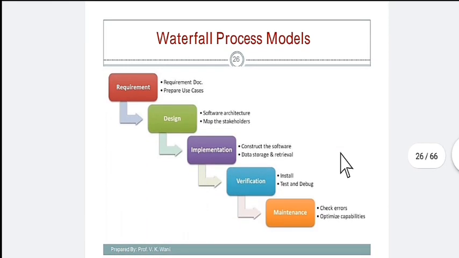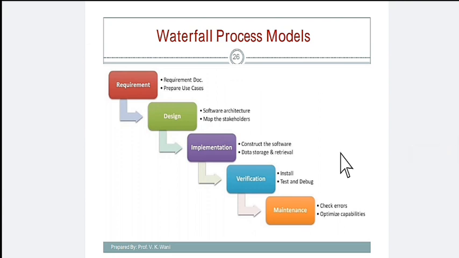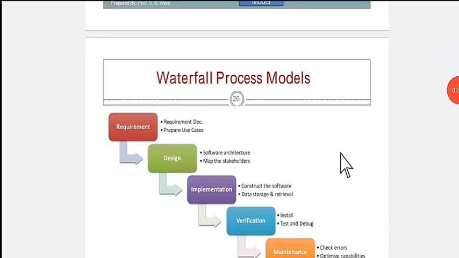The waterfall process model is a systematic approach for designing any software. It is a linear approach for software development. So here all the processes or all the blocks are carried out linearly.